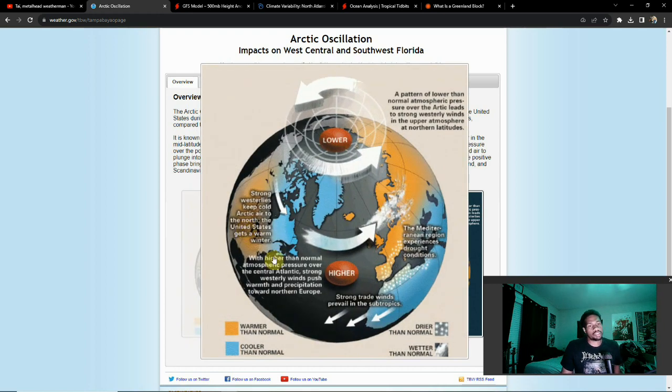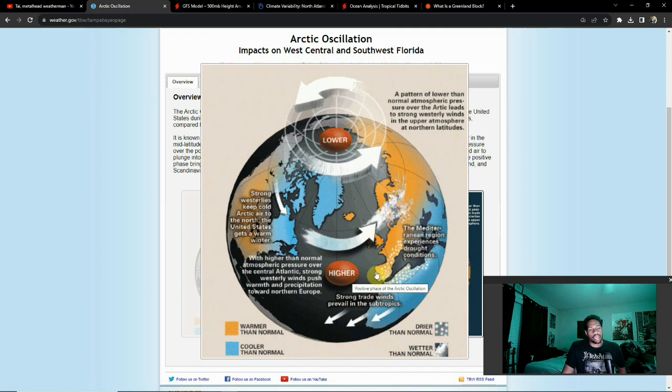Start out with a positive phase, where we have a pattern of lower pressure being dominant over the Arctic Circle. And what this introduces is stronger westerlies, which will keep that cold air a little bit further to the north in North America. Usually this will also result in the US getting a warmer winter, with also the higher than normal pressure a little bit further off to the south here.